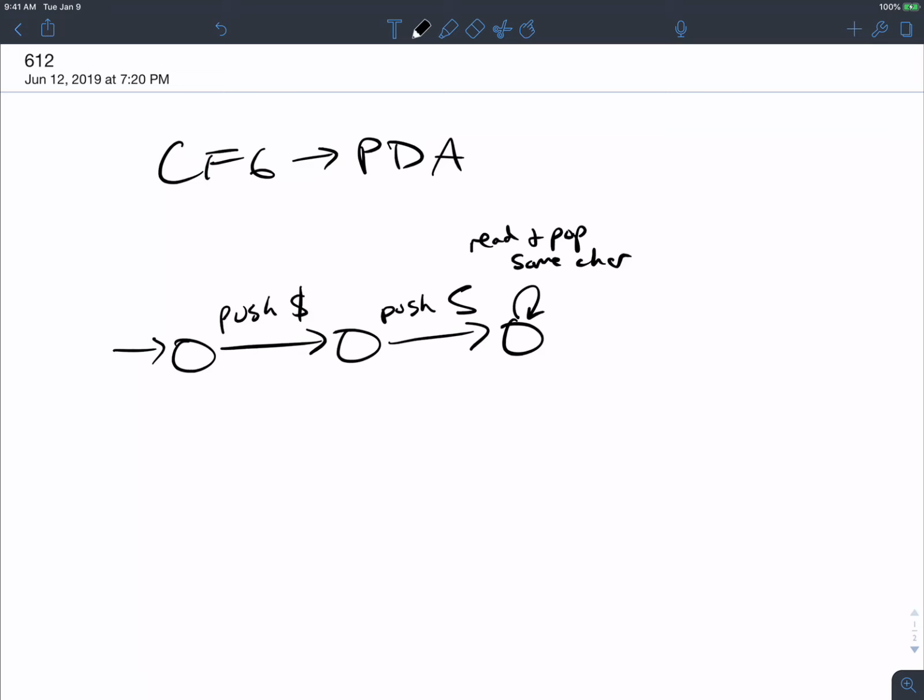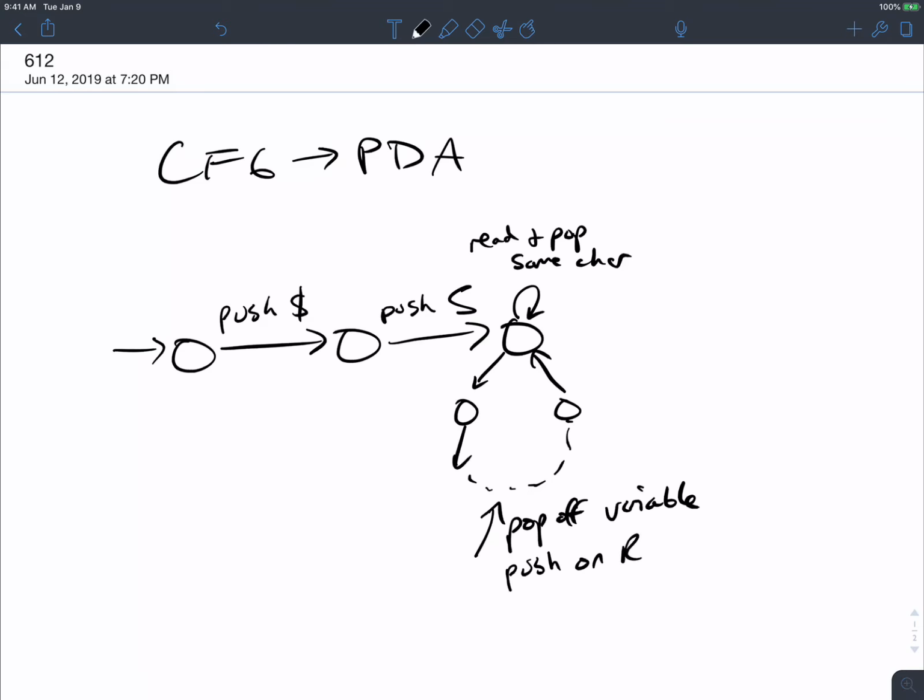And then we had longer transitions. What these do is pop off a variable and push on the right-hand side of the rule.